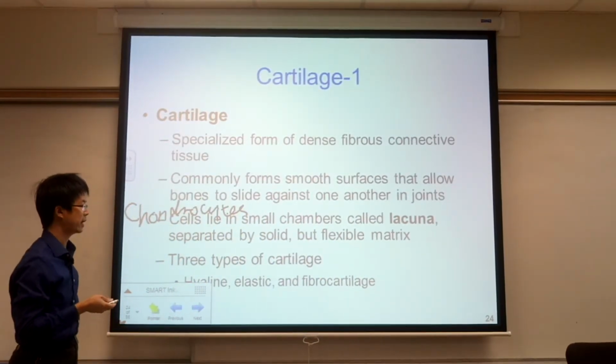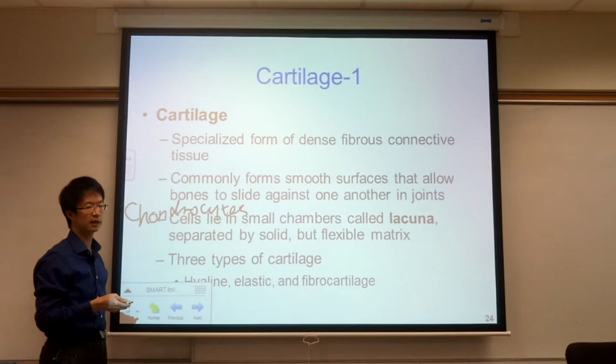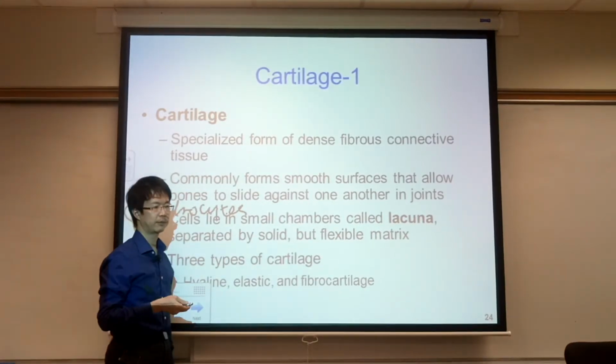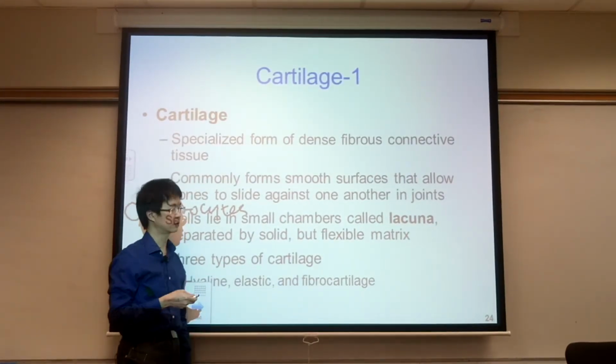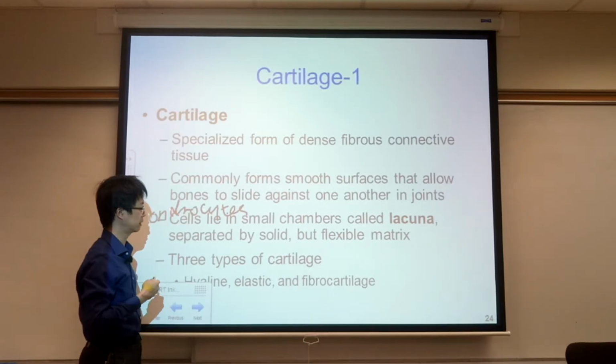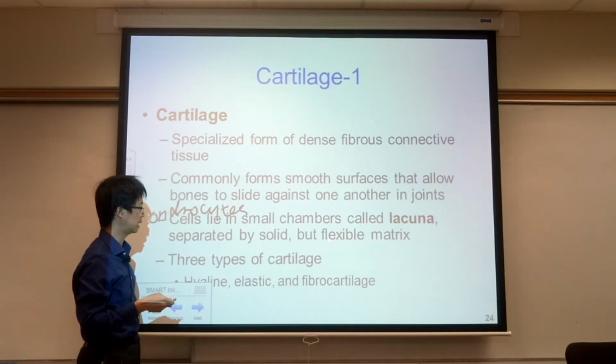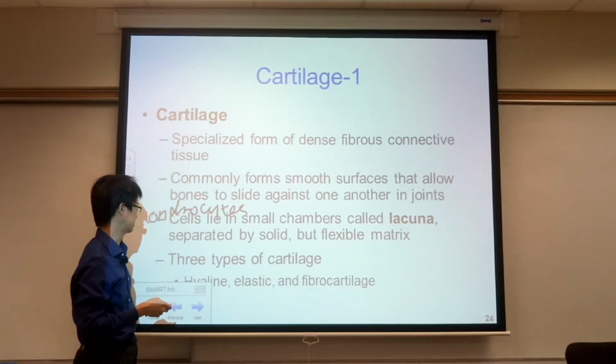Chondrocytes bathe in lacuna. It's like they are bathing in a jacuzzi. Lacuna is like the jacuzzi for the chondrocyte. They bathe in the lacuna, and then they also have the matrix.